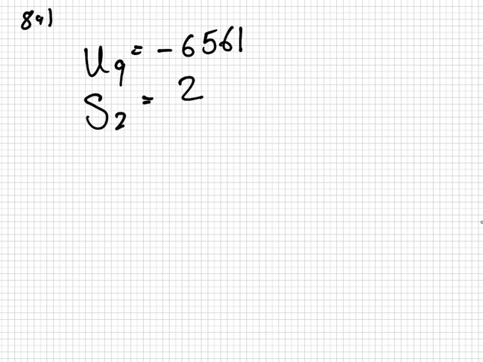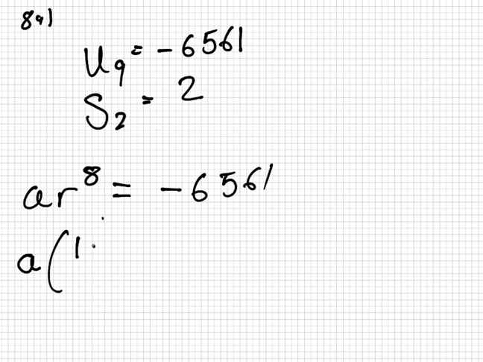Okay, so we know the 9th term is minus 6561. So this means a r^8 equals minus 6561. And then here we have a(1 minus r squared) over 1 minus r.